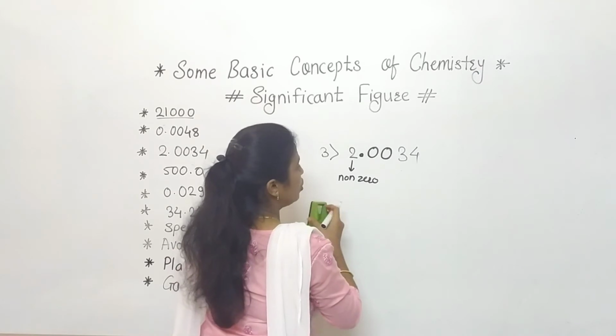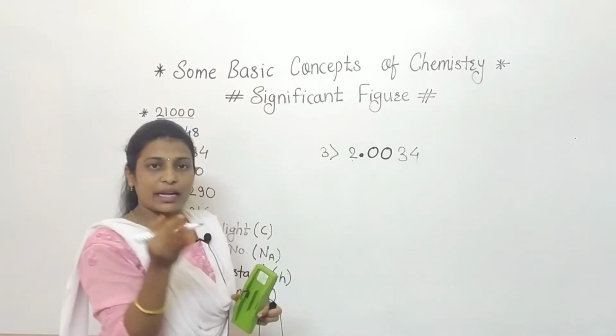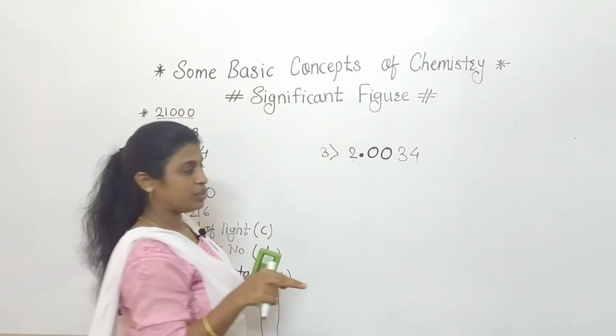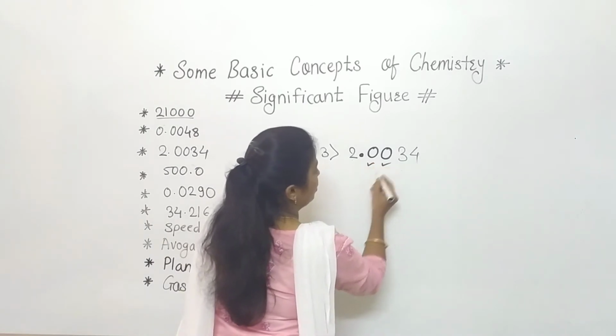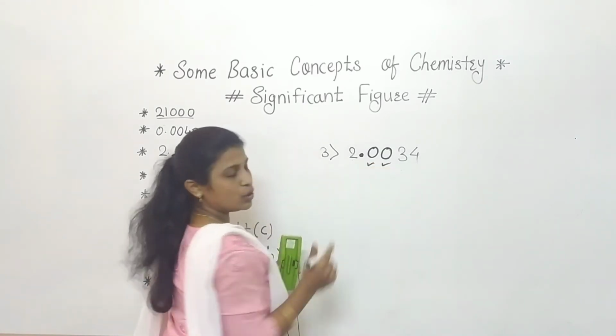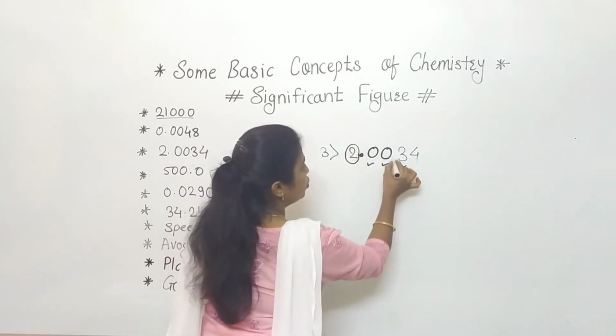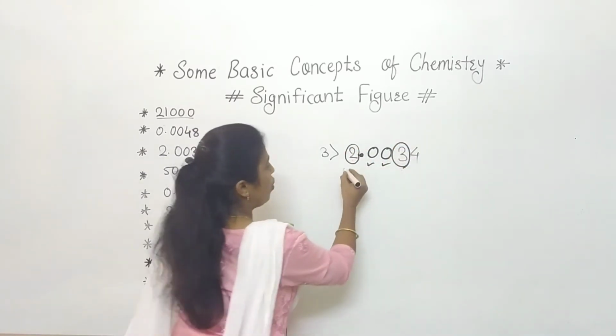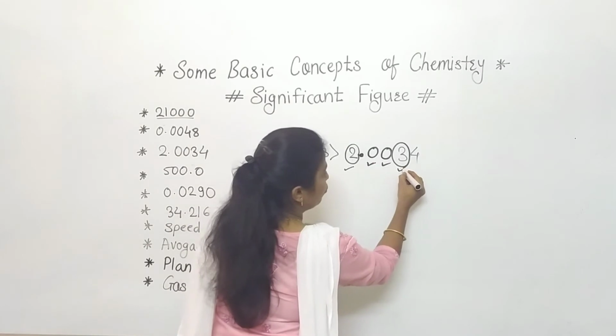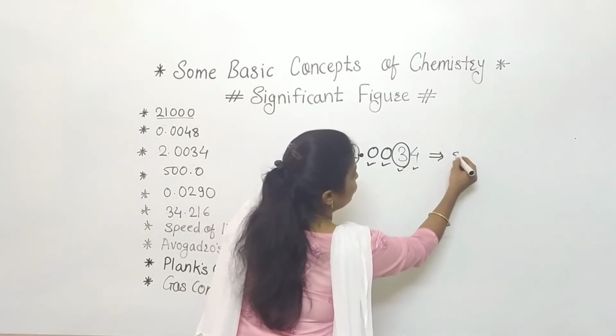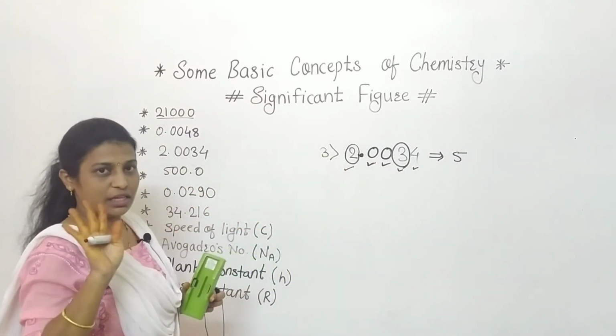Okay, so those zeros in between the non-zero digits are significant. Means these both zeros are significant because they come in between the two non-zero digits. So 1, 2, 3, 4 and 5. Significant figure for this value is 5. Clear to everyone?